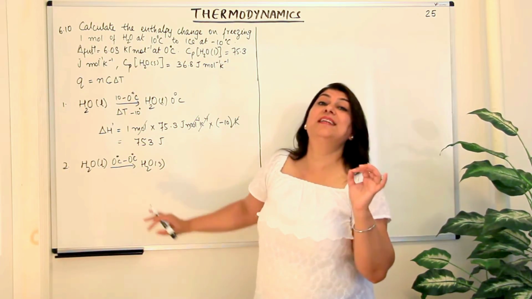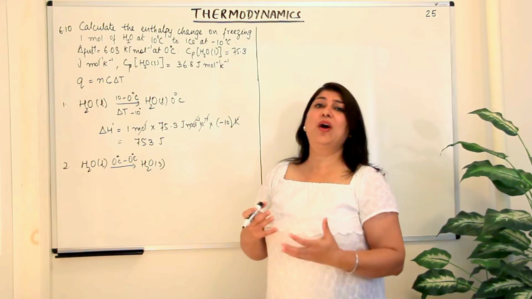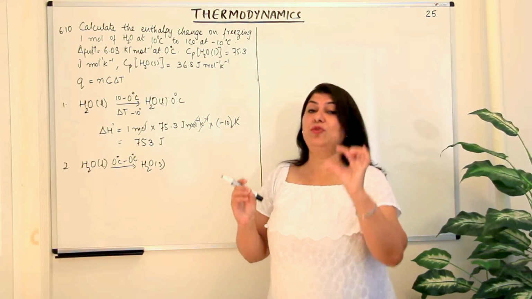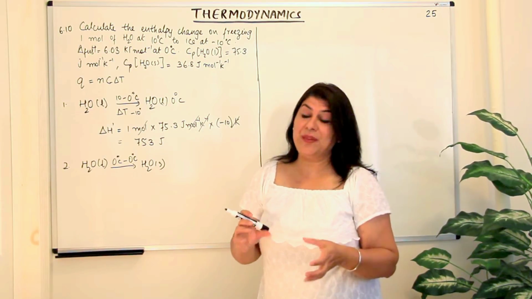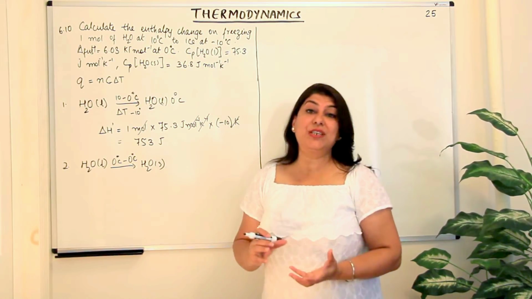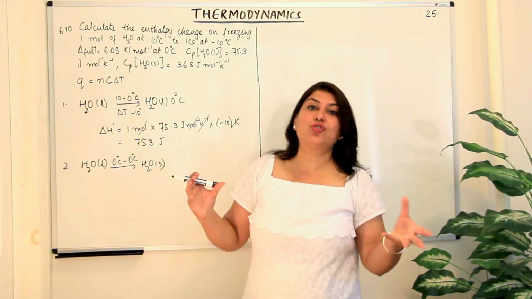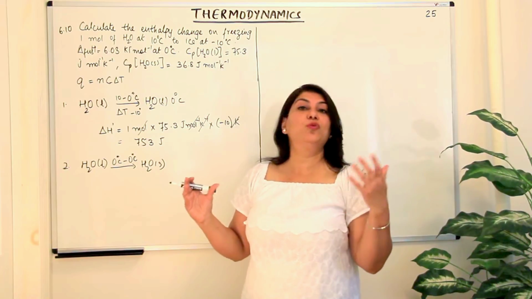Latent means hidden. The only way we can see that heat is given out by a substance is by noticing the change in temperature. But in this case, there is no change in temperature, but we know that liquid water is turning into solid, so the attractions between the molecules are changing.